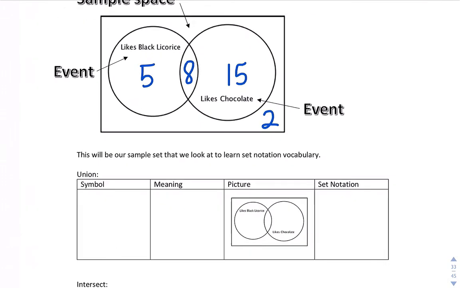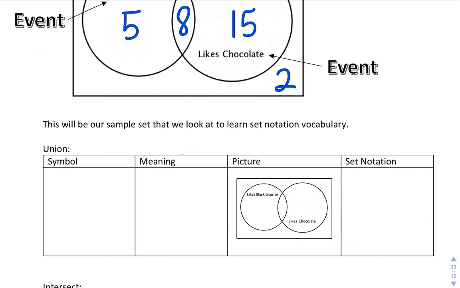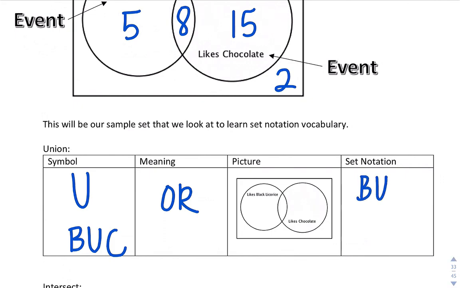One of the words that we looked at was union. The union symbol is this one, and it means or. So you might see it written like this: B or C. And again, here are our numbers.